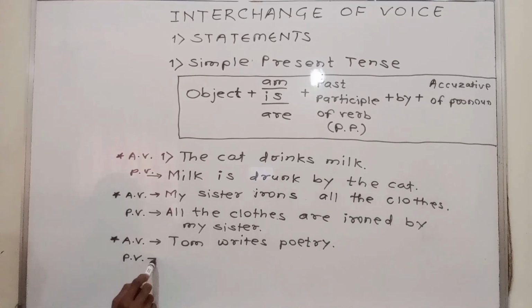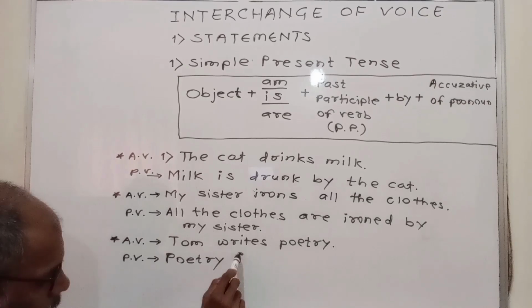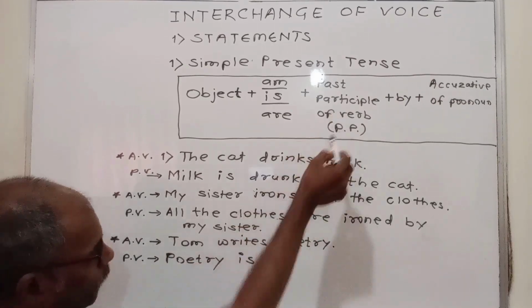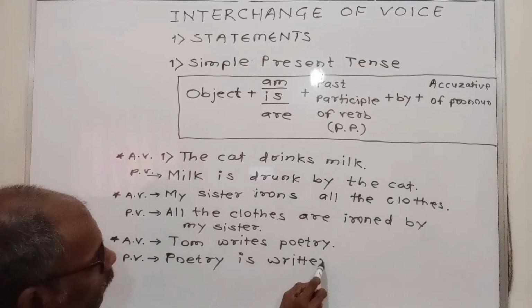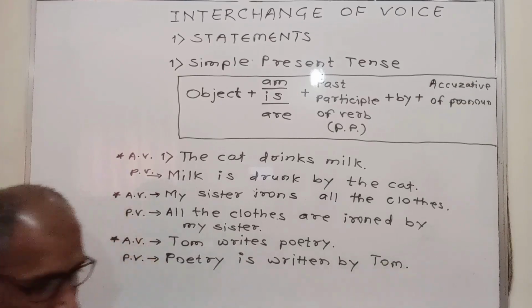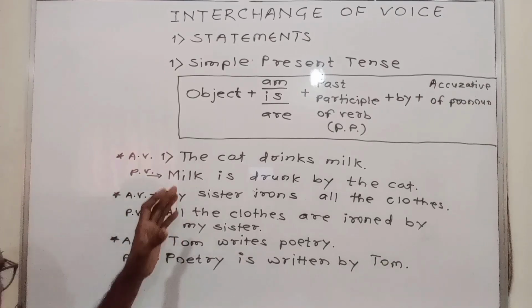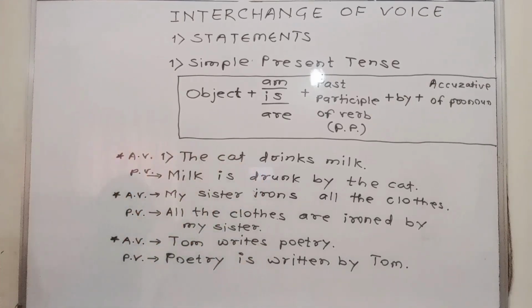So passive voice: we start with poetry. Poetry is, then past participle of verb, written, then by Tom. Suppose additional words are present in the sentence, then we adjust them.